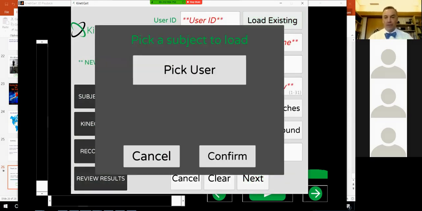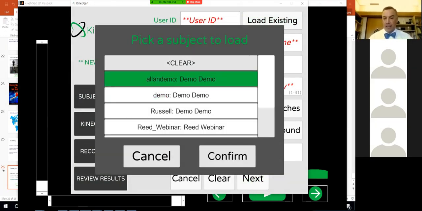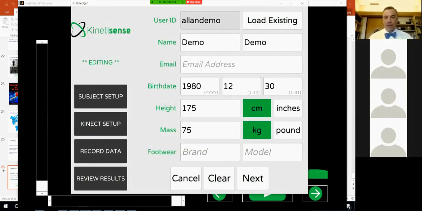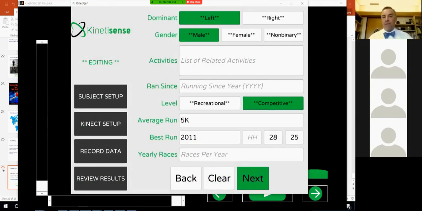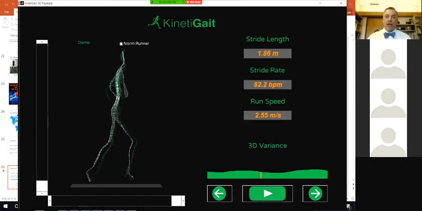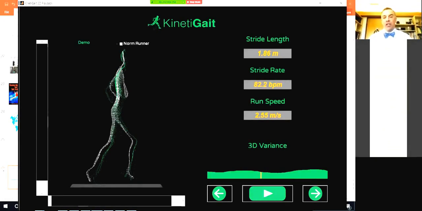I'll just do this very quickly so everyone can see. So here is male, female, left, right in terms of dominance. As you step through these screens, it's going to prompt you to choose whether they're recreational, competitive, etc. The software doesn't automatically do it. It's up to you, and it's a discussion to have with your patient.